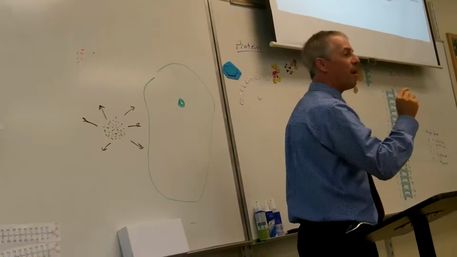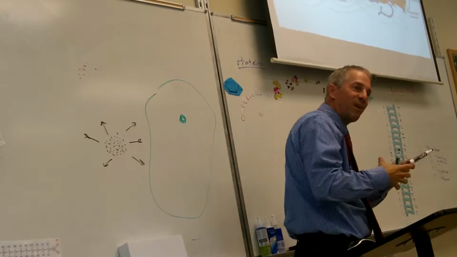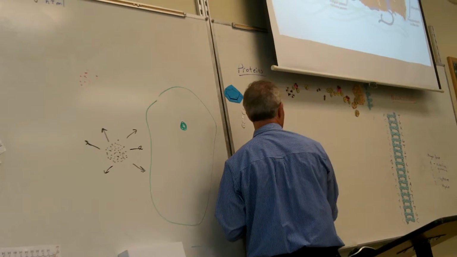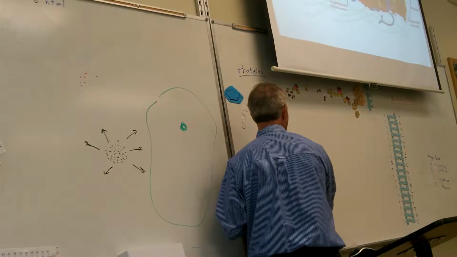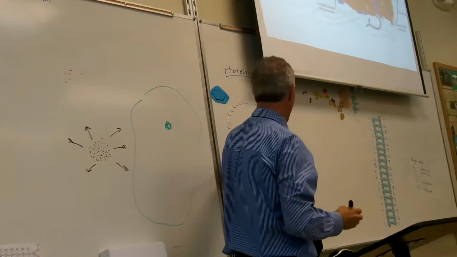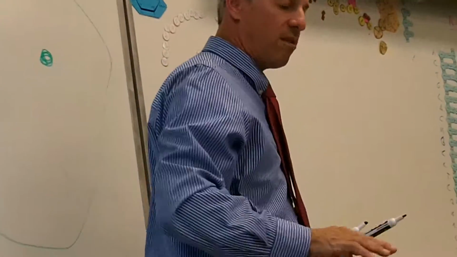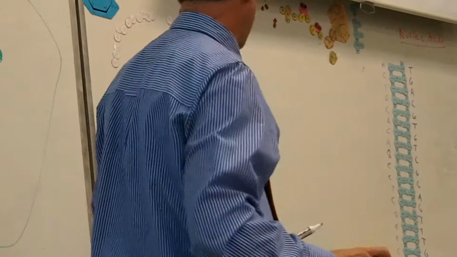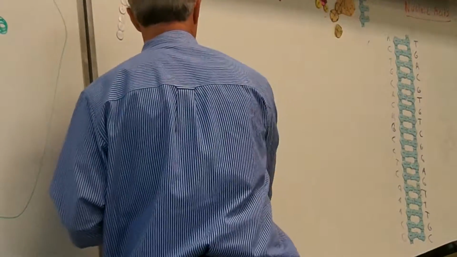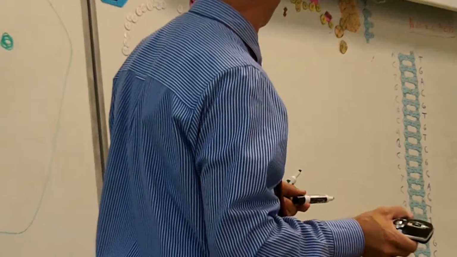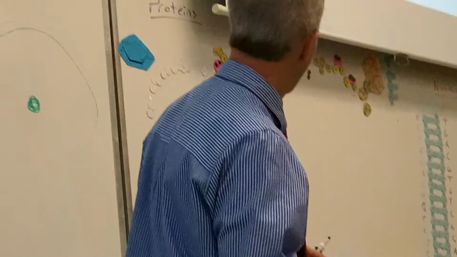These molecules, some of them are so small they just go right in between the molecules of the membrane. So, oxygen, O2. Carbon dioxide, CO2. Those molecules are small, uncharged molecules, and they'll just go right through the membrane. Nitrogen gas, N2. They can squeeze between the phospholipids and just go right through.